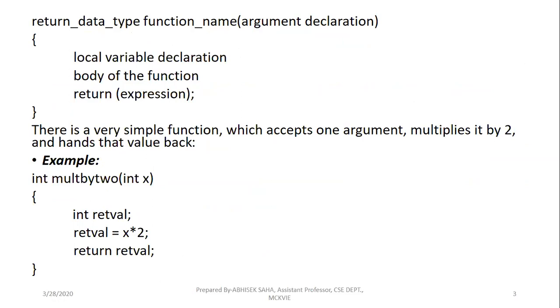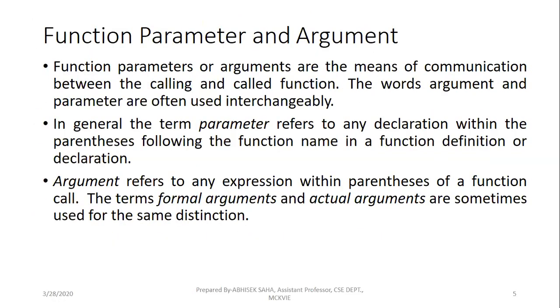So when this function mult by 2 is called by some other function, the calling function must provide an integer value x, which is used for the calculation inside the definition. So parameters or arguments are the means of communication between the calling and called functions. The words argument and parameter are often used interchangeably.